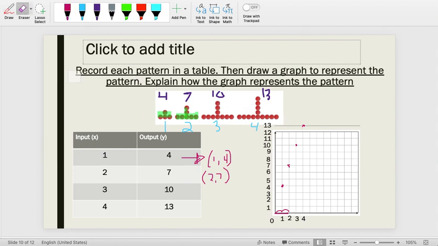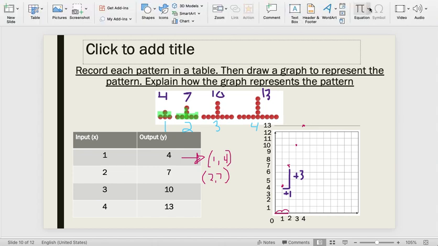There you go. Okay, so now we recorded on the table, and we drew a graph, and now we have to explain how the graph represents the pattern. So from there, what we have to do is say that it increases by 1, right? It increases by 1, and then it goes up by 3. Okay, so we can have a little sentence here. Text box.